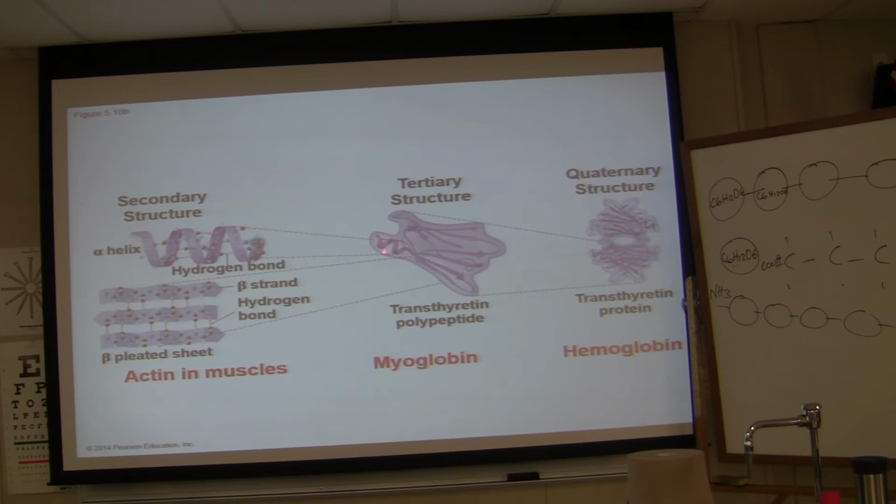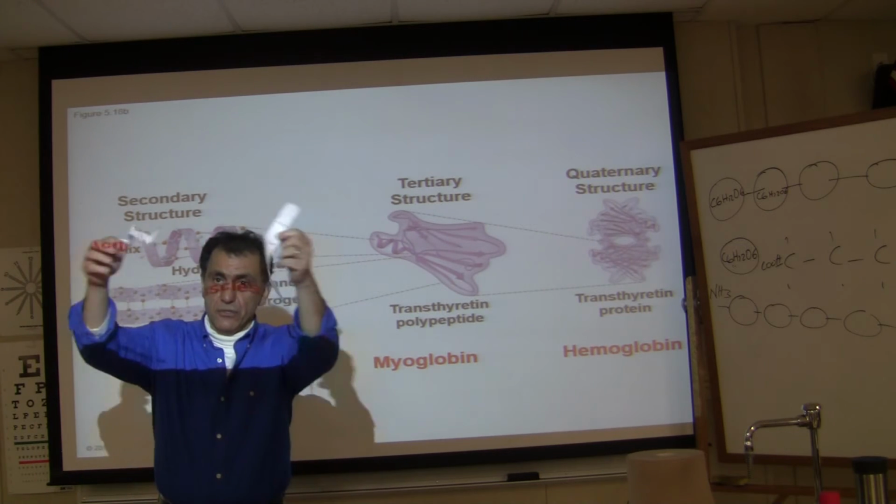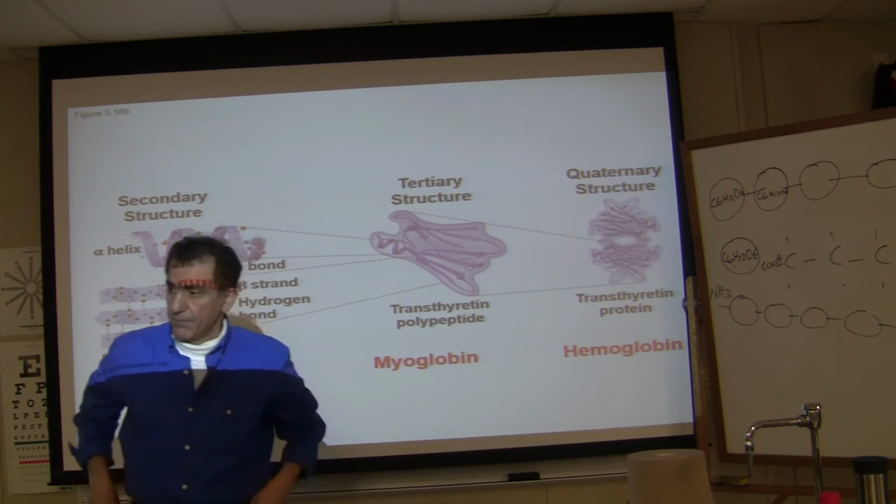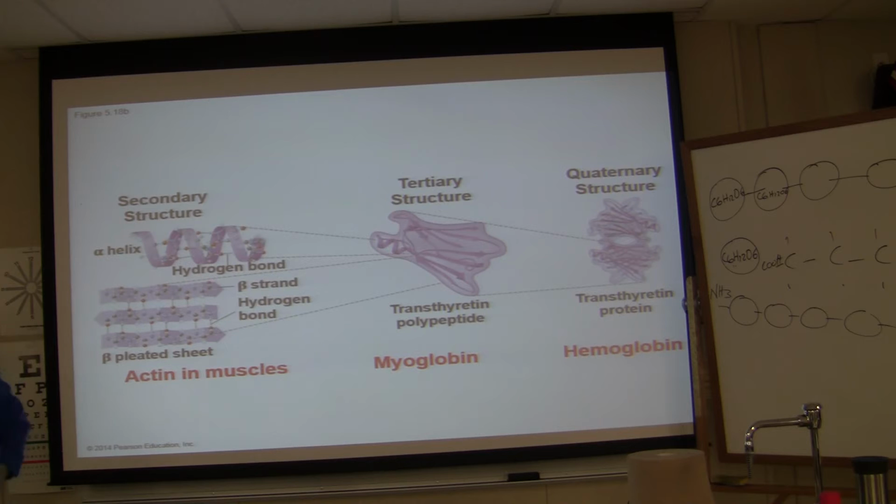It has both the alpha and the pleated sheets, alpha and beta. And then of course quaternary structure is hemoglobin, which is two of these together. Hemoglobin has four polypeptide chains attached.